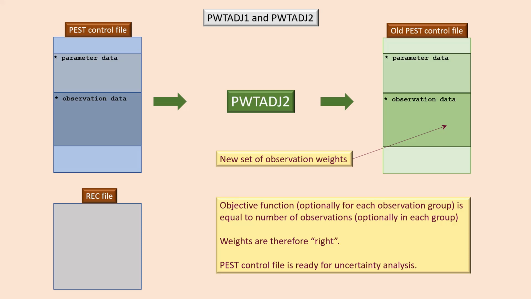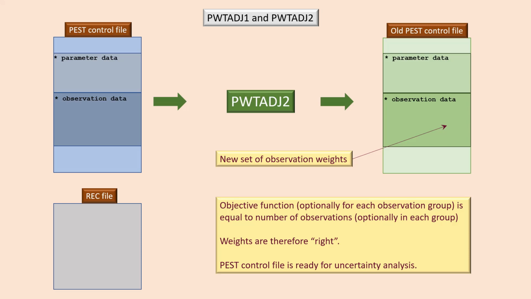Now, if that's the case, every residual squared will be 1. That is, the residual, the difference between the model output and the measurement, multiplied by the weight, which is the inverse of the standard deviation of measurement noise.